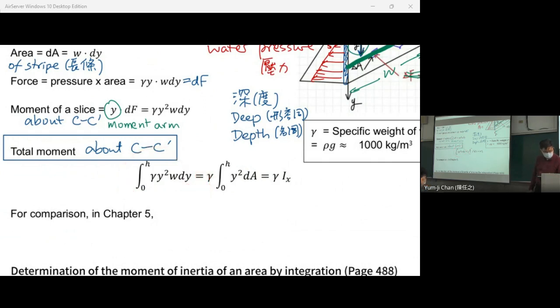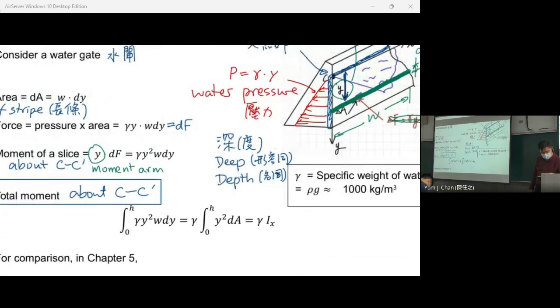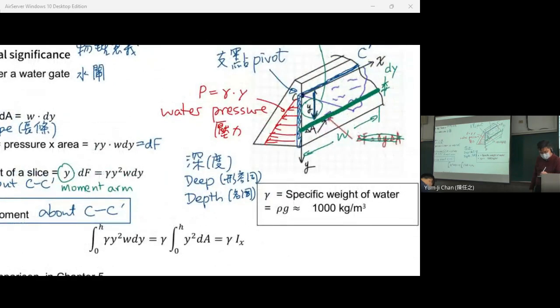H is the total depth of the water gate, which is this one.